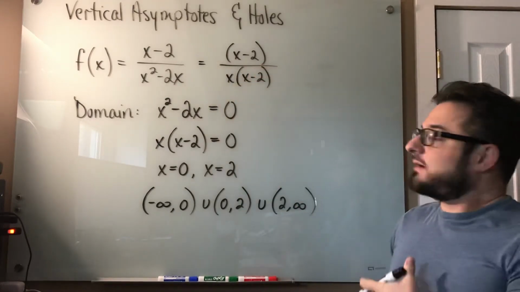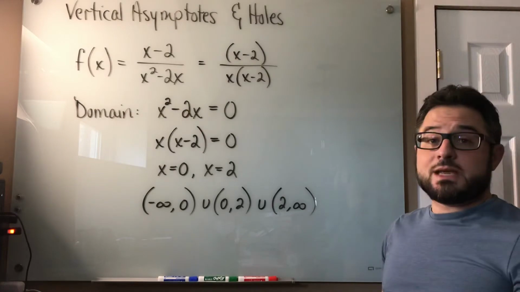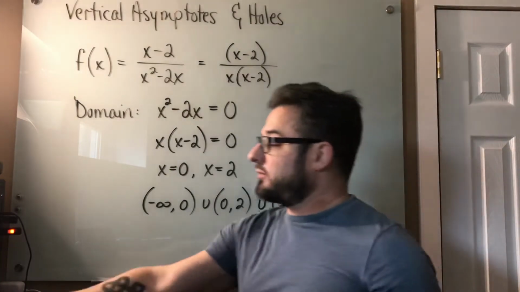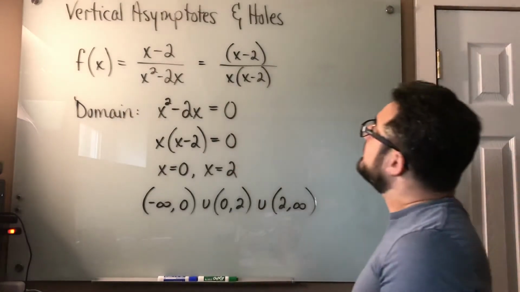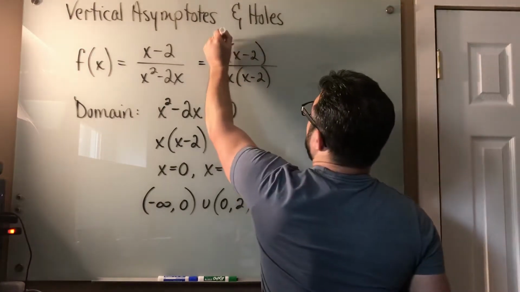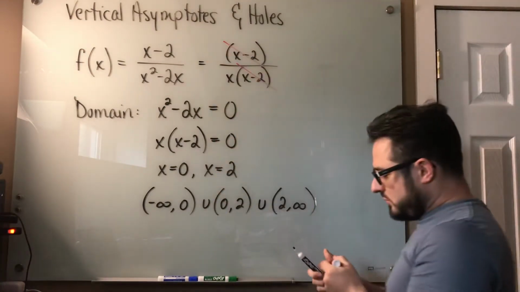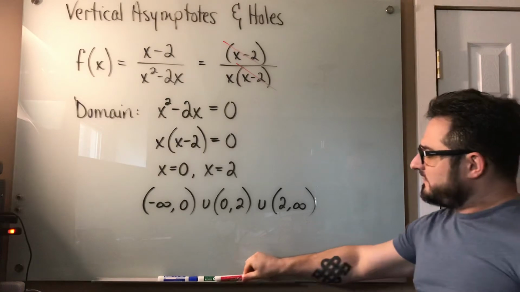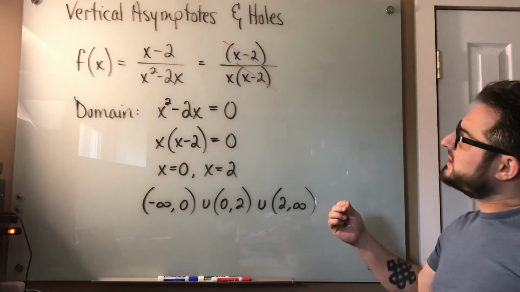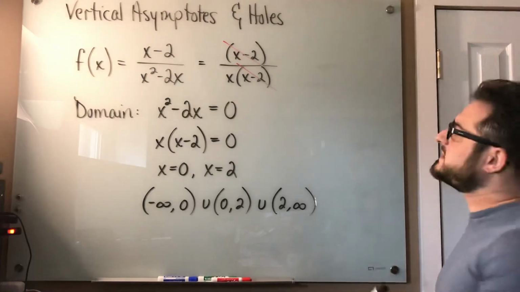The idea here is that the x - 2 is a common factor in both the numerator and denominator, so it can be simplified out. Of course, when you do that, you're fundamentally changing the function in one very specific location.